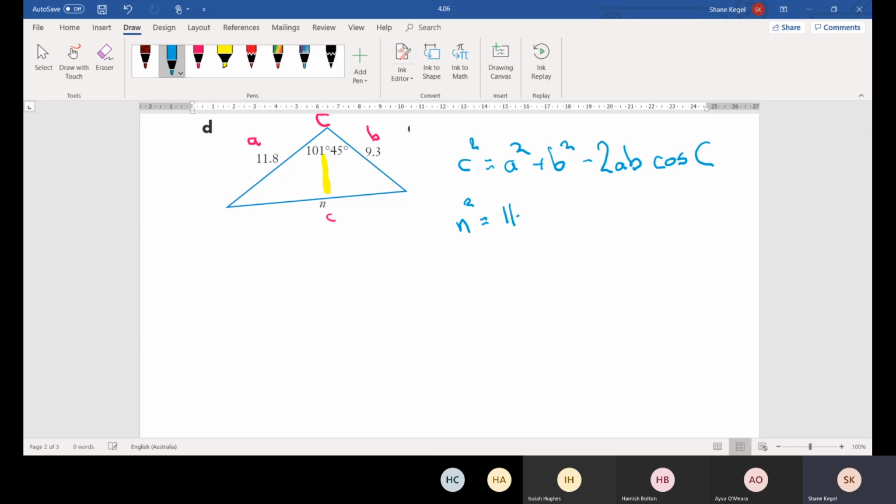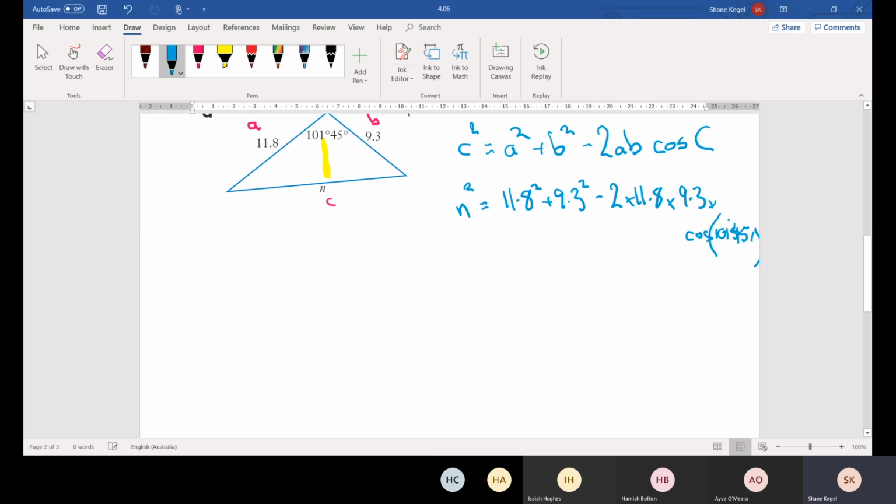So 11.8 squared plus 9.3 squared, take away 2 times a, which is 11.8, times b, which is 9.3, times, running out of space here, cos of C, which is our given angle. So 101 degrees, 45 minutes. Okay, as you notice, it is quite long, this formula.